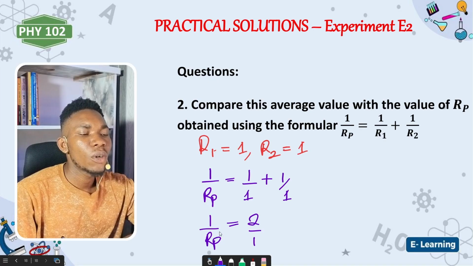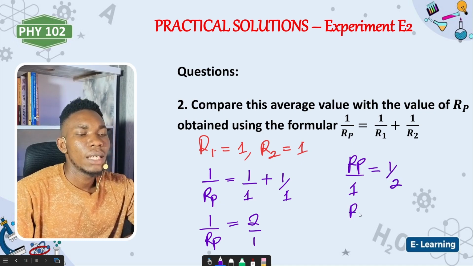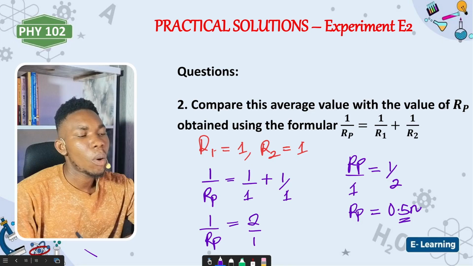And what you are looking for is RP and not 1 over RP. So to get RP, just invert it. RP comes up, 1 comes down, 1 comes up, this one comes down. So this will be RP over 1, the same thing as RP, which is 1 over 2. So at the end of the day, RP will be 0.5 ohm.